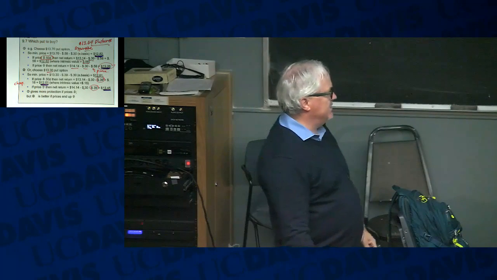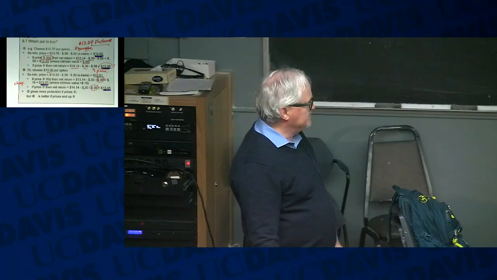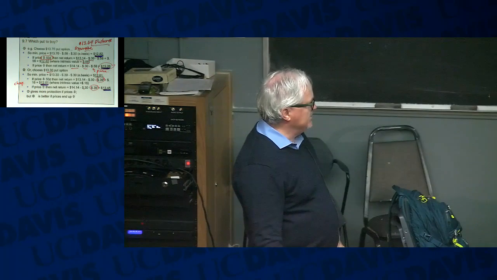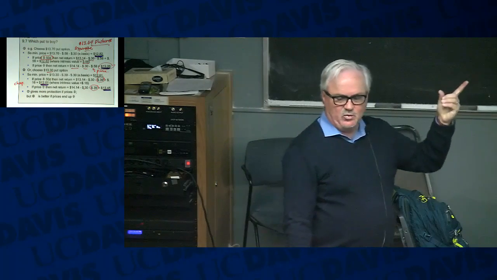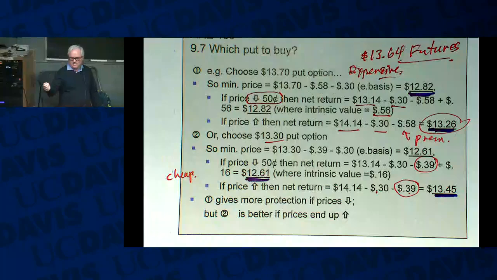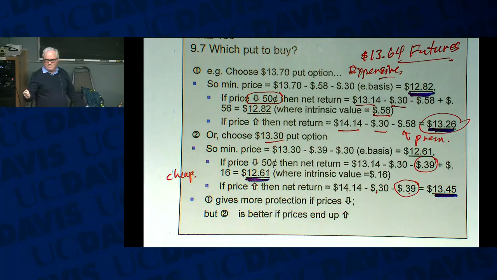And the reason that it works out better on the cheaper option is your premium's only 39 cents versus 58. So you're throwing away an option you paid 39 cents for versus one you paid 58 cents for. You're better off throwing away the cheaper one if prices end up going higher.